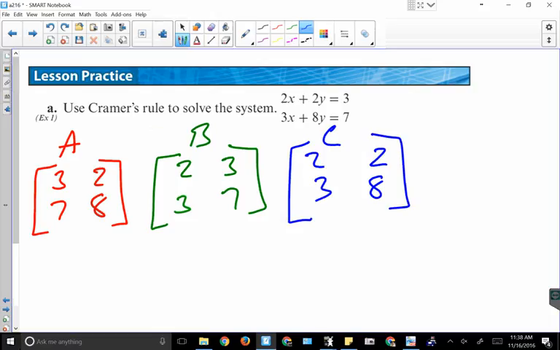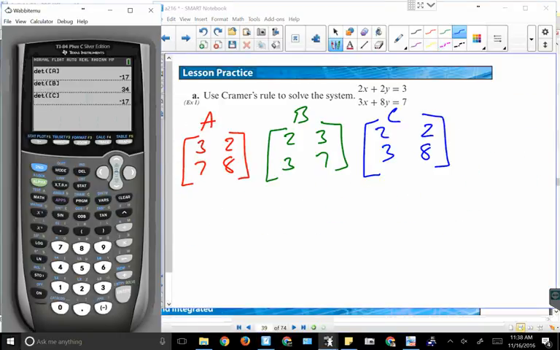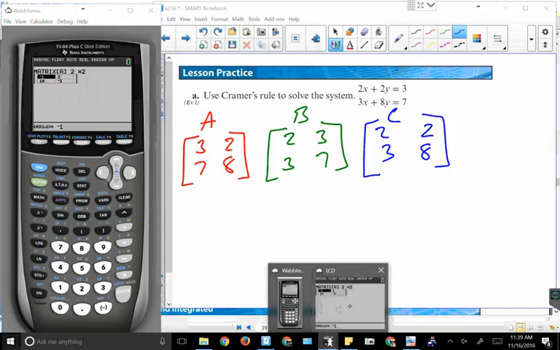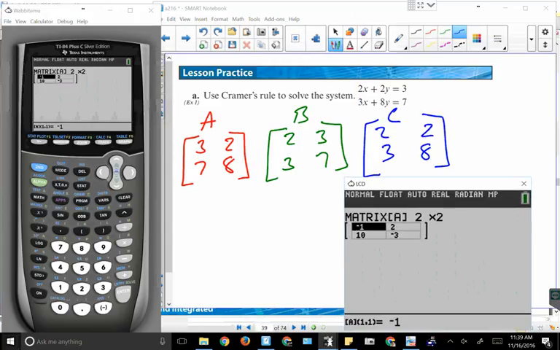Okay. So now that I've got those identified, I'm going to go back to my calculator. Second matrix, and I am going to edit A. It's still a 2 by 2, and my A is going to be 3, 2, 7, 8.